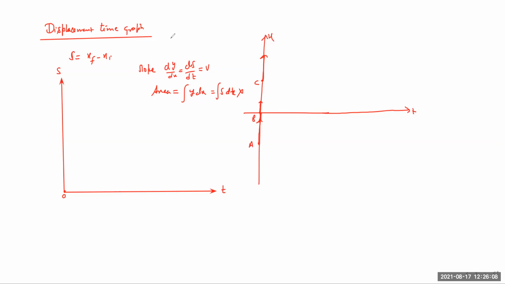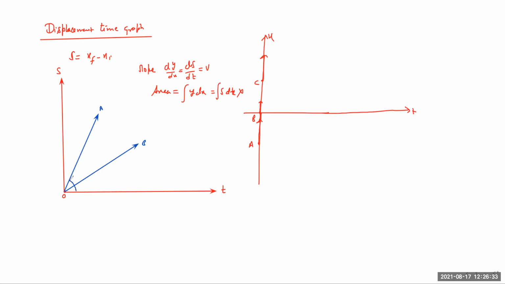So let's say if I draw some graph like this. Now these two arrows are representing two different athletes, let's call them A and B. And if you look at the slope, is it constant or variable?